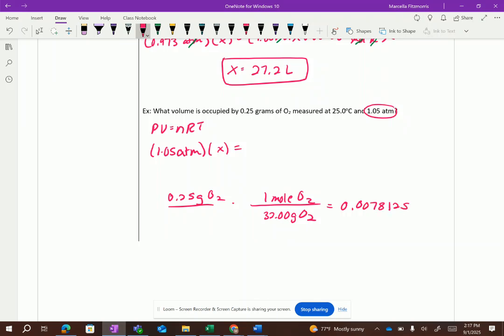Once I do this, atmospheres are going to cancel, moles are going to cancel, Kelvin's going to cancel, leaving me with a unit of liters for my final answer. I do the math on this, and I get 0.18 liters, rounded to 2 sig figs, because this here in the problem only had 2 sig figs.